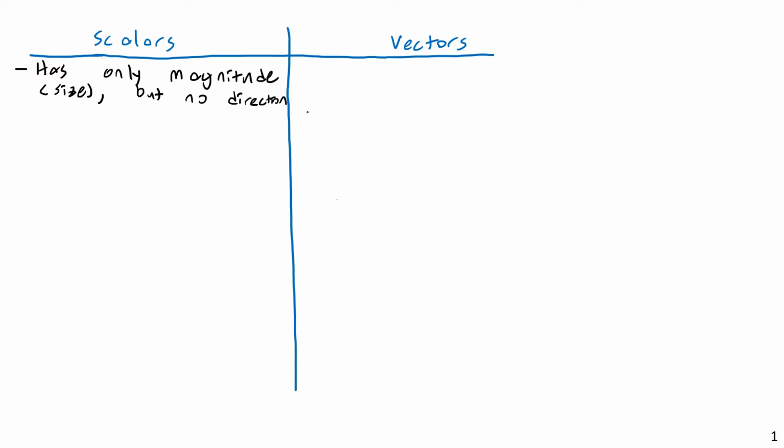However, it can be positive or negative, but it can't have a direction, like an angle associated with it, etc. Vectors, on the other hand, will have both magnitude and direction.